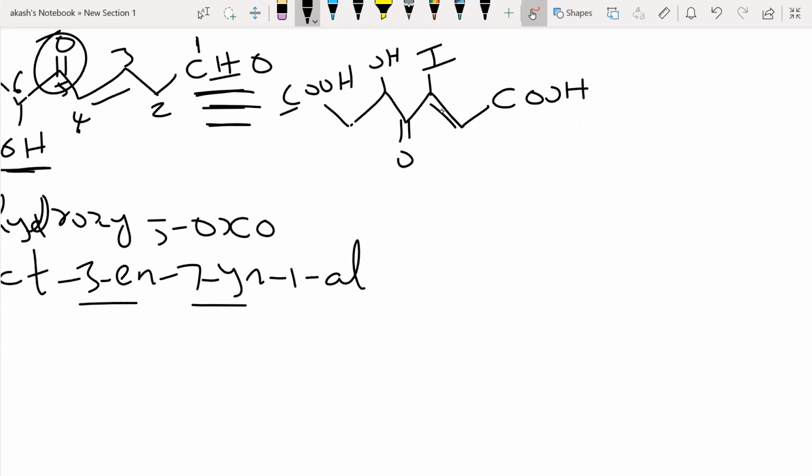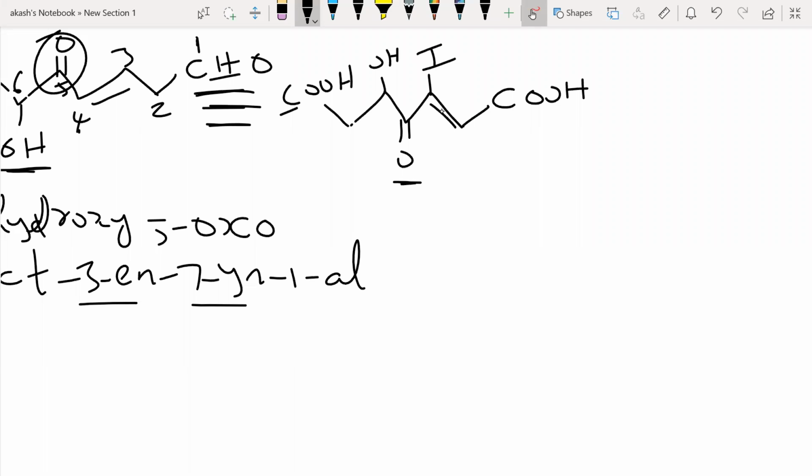Obviously the priority has to go to COOH, and both sides you have COOH, so either way you go, you're going to get the same number for COOH. Now look at the second priority, which is actually this C double bond O. Again, you get the same number however you go.